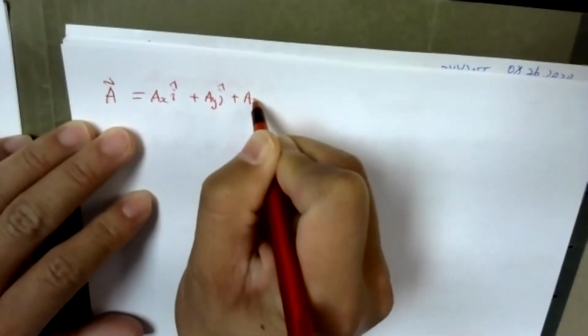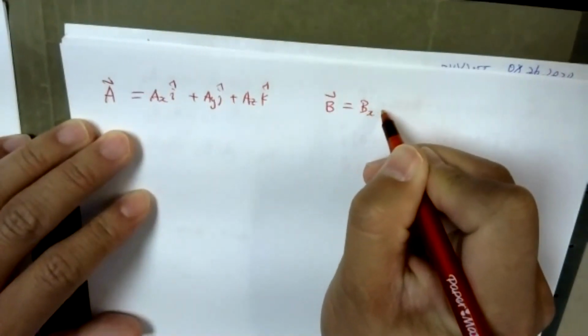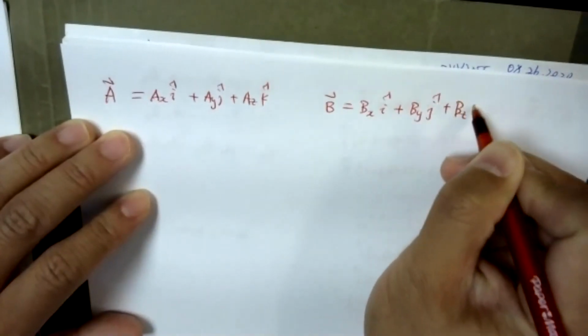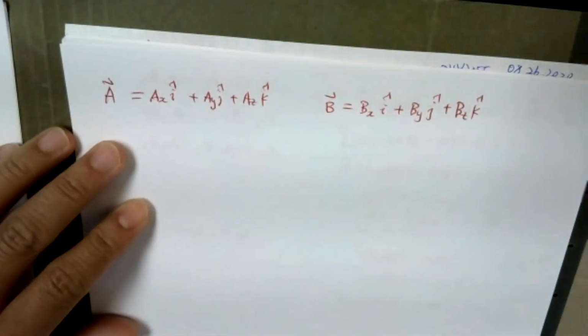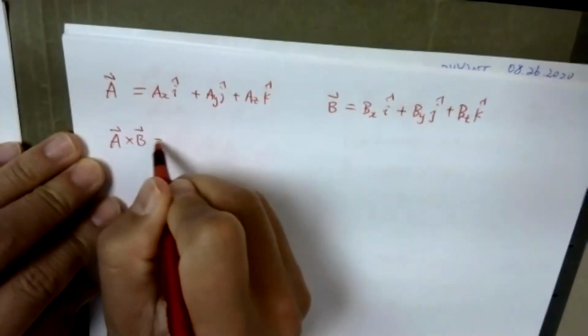If you have a vector, it should be Ax in i direction plus Ay in j direction plus Az in k direction, right? And then if you have in general another vector Bx in i plus By in j plus Bz in k direction, right? So to do the determinant of the 3 by 3 matrix, I'll do A cross B vector.